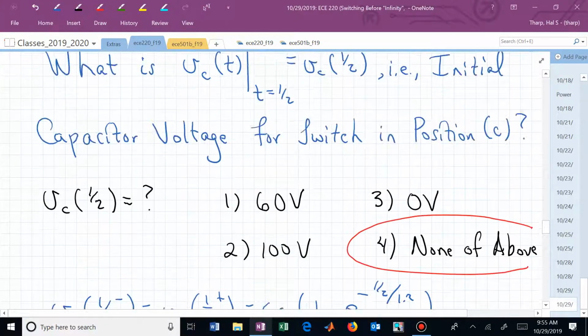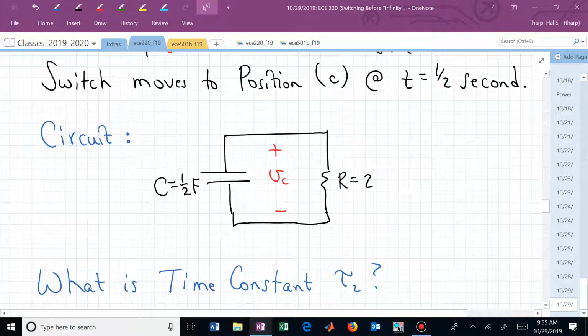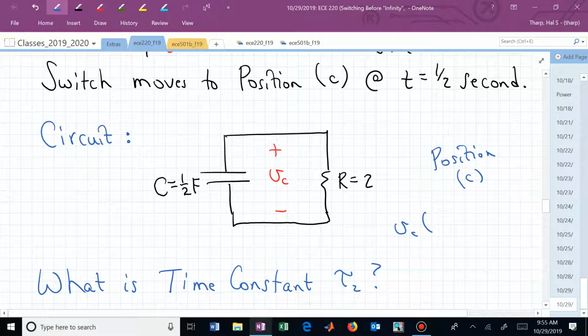What's the final value of our capacitor voltage? Now this is position C. We've just determined what V sub C of 1/2 is. That's our initial value. What's the final value of V sub C? What's going to happen to the charge on that capacitor?